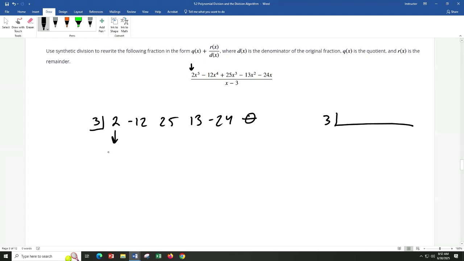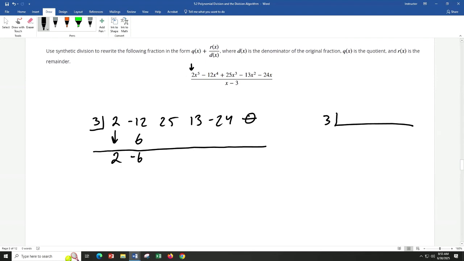I'm going to draw myself a line here. Like I said, you get a freebie right off the bat. Bring down the 2. You have to bring down the 2. You multiply diagonal, you add vertical. Okay? So notice what I'm going to do now. 3 times 2 is 6. Then you add the verticals. Negative 12 plus 6 is going to give me a negative 6.